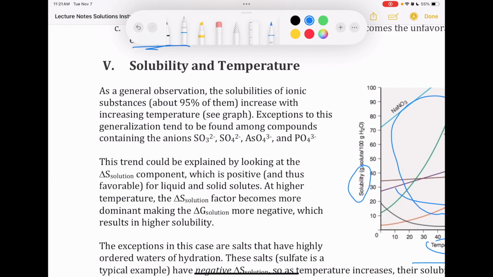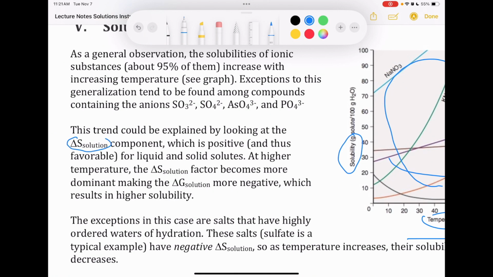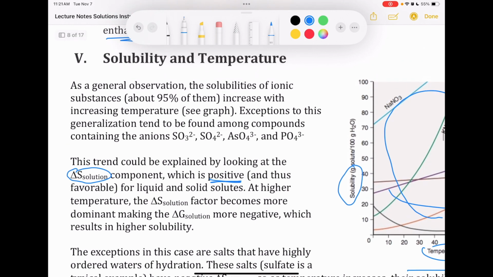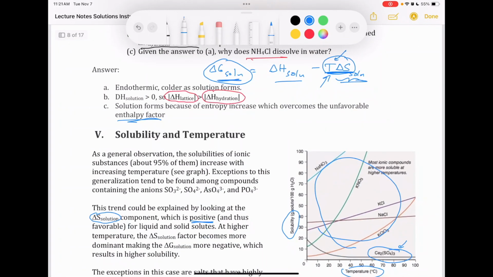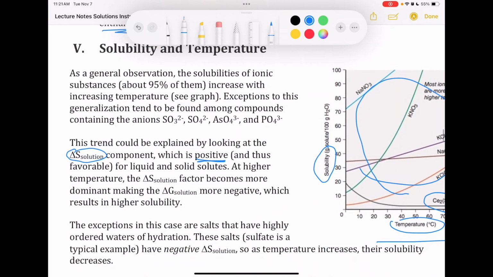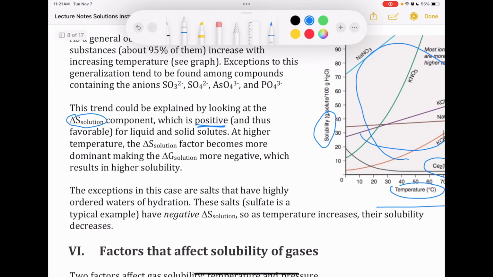Remember that typically for most salts, the delta S of the solution is positive, which means it's favorable, right? So if it's favorable and delta S is affected by temperature, as you increase temperature, this whole term becomes more and more dominant and starts to control the value of the delta G of solution. So therefore, at higher temperature, we would expect most salts to dissolve at higher concentration.